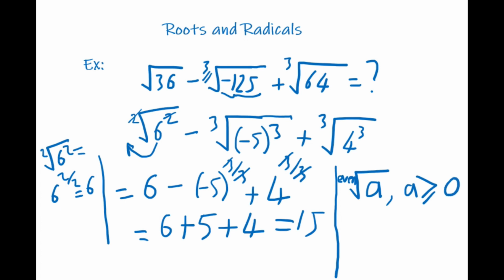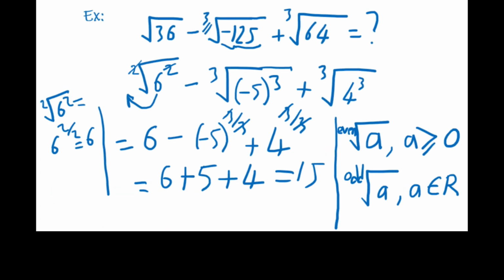I mean, it cannot be a negative number. But if the degree of the root is an odd number, then a can be anything. A is anything from real numbers. Can be negative, can be positive, but again and again, that is extremely important. If you are talking about the roots where the root degree is an even number, then the inside of the root always has to be greater than or equal to 0.